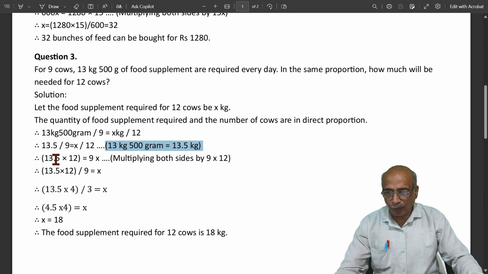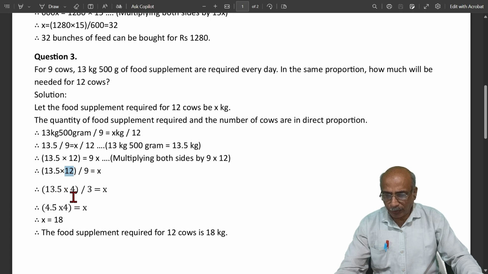So 13.5 kg into 12 equals 9 into x. Simplify this. It will be 13.5 into 12 divided by 9. This will be 13.5 into 4 because 3 ones are 3, 3 fours are 12. Here it is cancelled. 3 threes are 9 and 3 fours are 12.